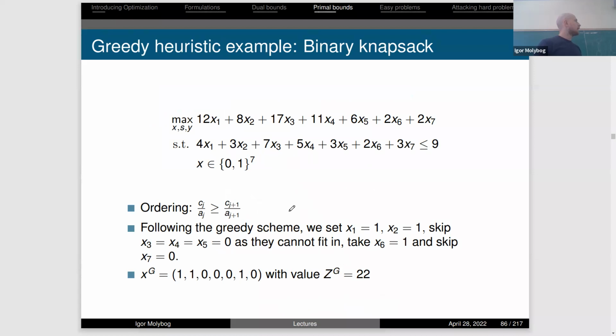We have seen an example of a greedy heuristic, specifically constructed for binary knapsack, and I believe that during one of the discussion sections, we were able to see how, for some problems, the greedy heuristic for knapsack provides essentially a solution very similar to the one provided by a linear programming relaxation.